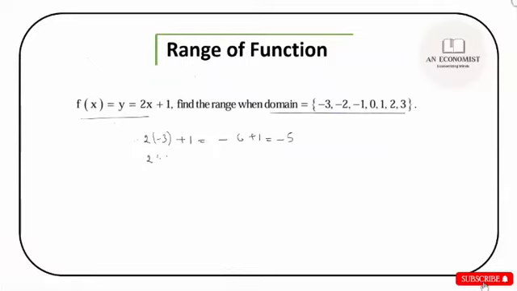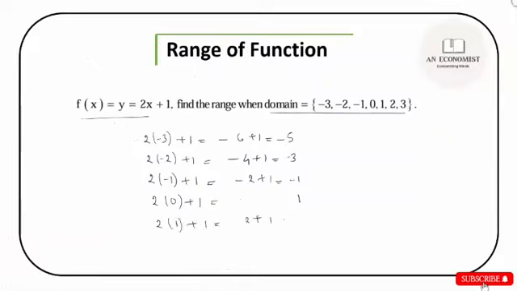Put -2 here, -4 plus 1, -3. -1 here, -2 plus 1, -1. Put 0 here, you will have 1. Put 1 here, you will have 2 plus 1, which is 3. Put 2 here, you will have 4 plus 1, which is 5. And put 3 here, you will have 6 plus 1, 7.